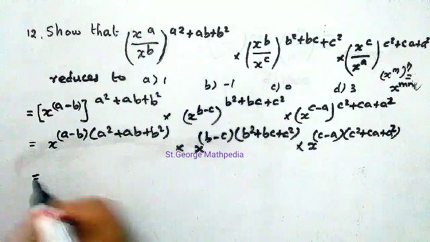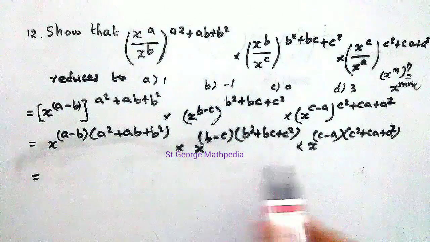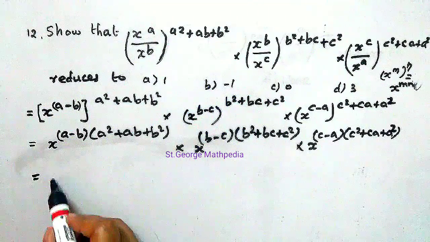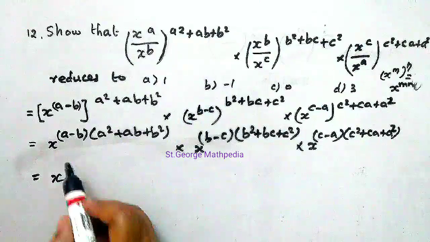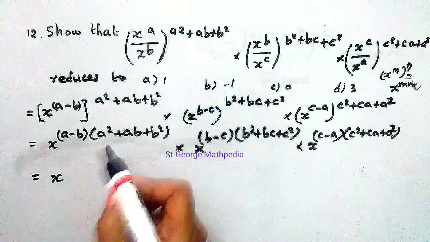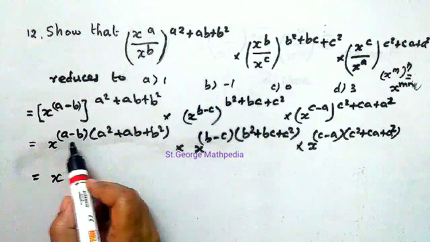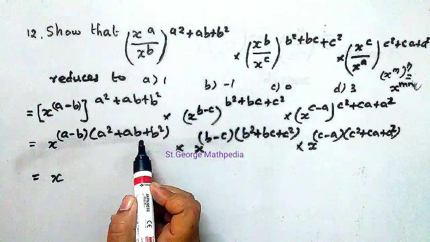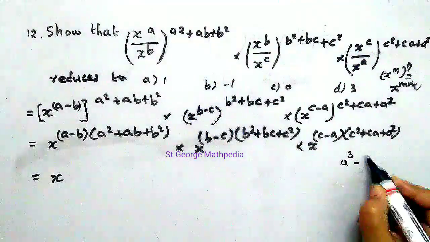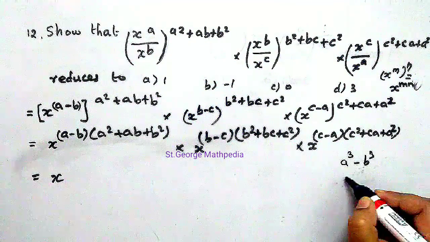Okay. Now your bases are same. So therefore you can add the powers because the terms are in multiplication. So when you add the power, before adding, let's write like this. a minus b into a squared plus ab plus b squared is a formula for a cube minus b cube.